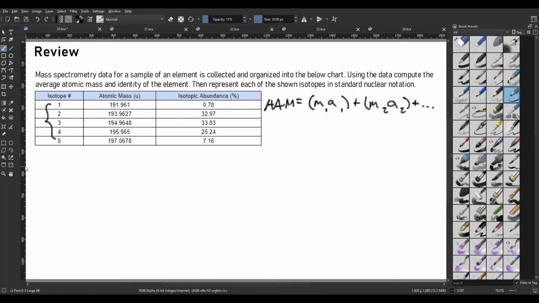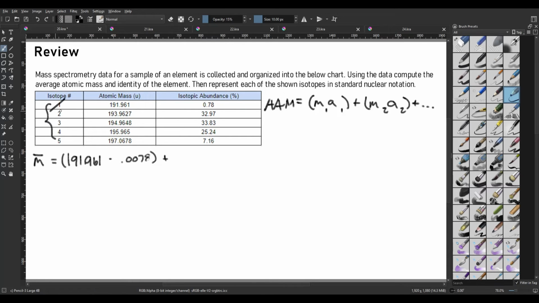The mass of isotope 1, let's call this the average mass, is going to be 191.961 times 0.78%. So remember, to get a relative abundance, we divided that by 100. It's going to be 0.0078. That's our first term down.